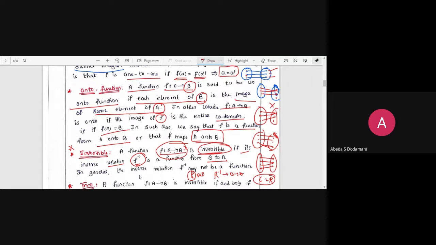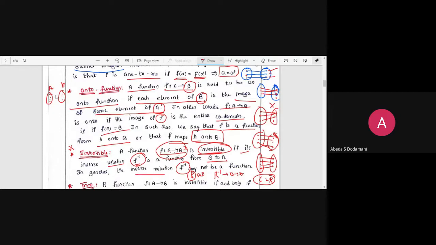Okay, in general, the inverse relation f inverse may not be a function. Please remember, not always the inverse relation is a function, because you will get that thing here when you reverse it. I will show you this with example. When you reverse it, suppose here you are having this function. So here you might be having, this is from say A to B. There are 4 elements here. Here there are 3 elements.